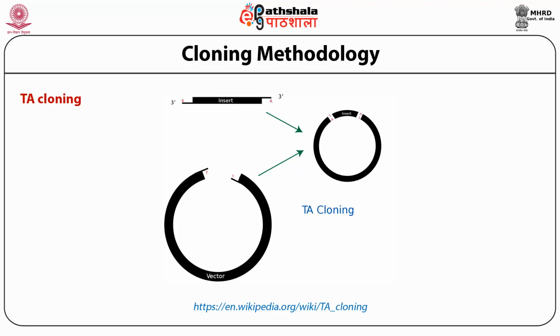So as you see in this schematic, a PCR product is generated, and that PCR product could be our gene of interest, which we can amplify by using specific primers, and the eventual PCR product will have an A overhang. We have a vector which contains a T overhang, and as you know, A and T are complementary to each other. If we ligate these two products, our PCR product as well as the vector which has a T overhang, we would clone our gene of interest at the target site.